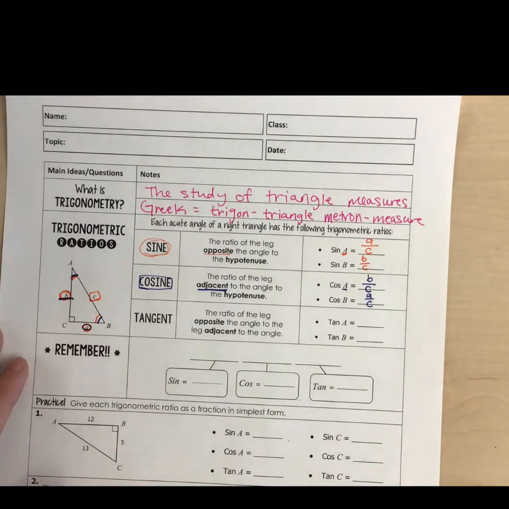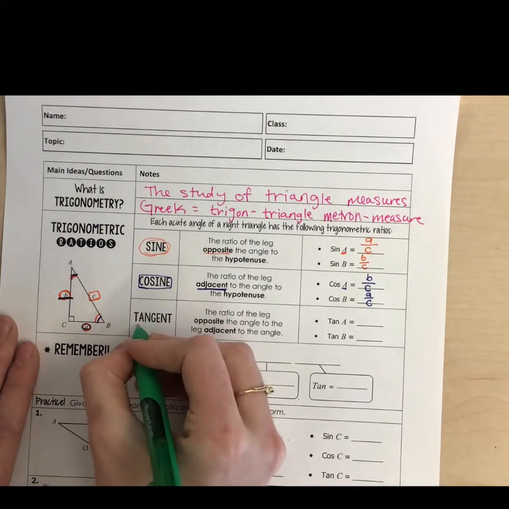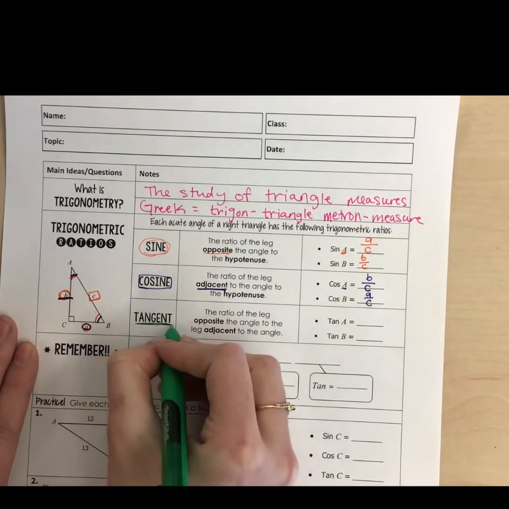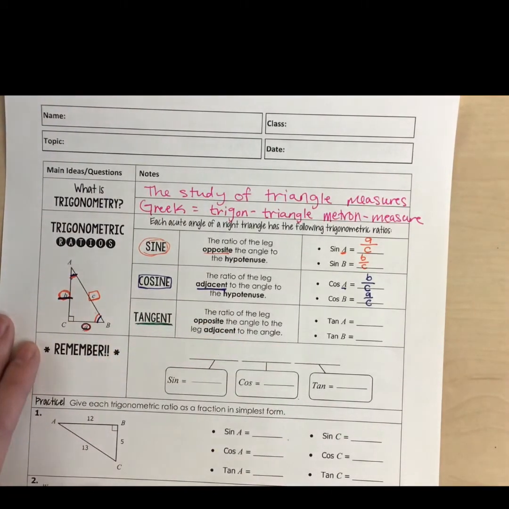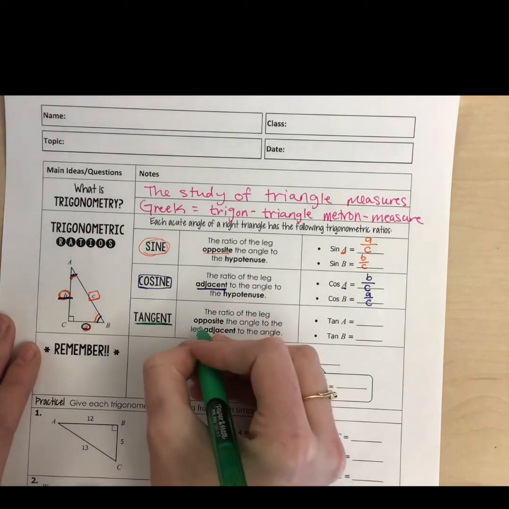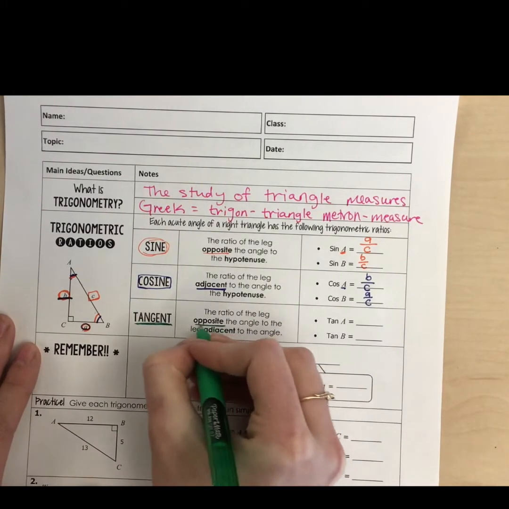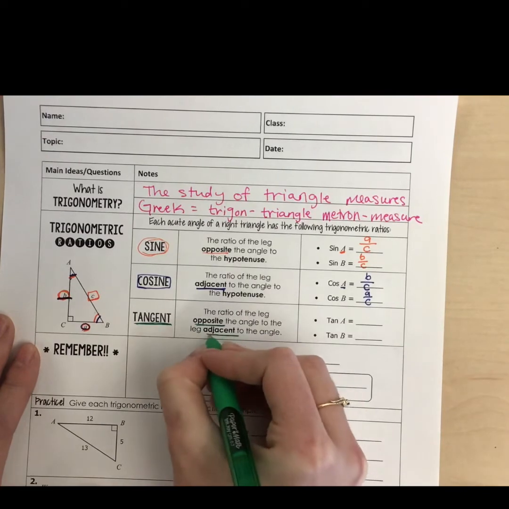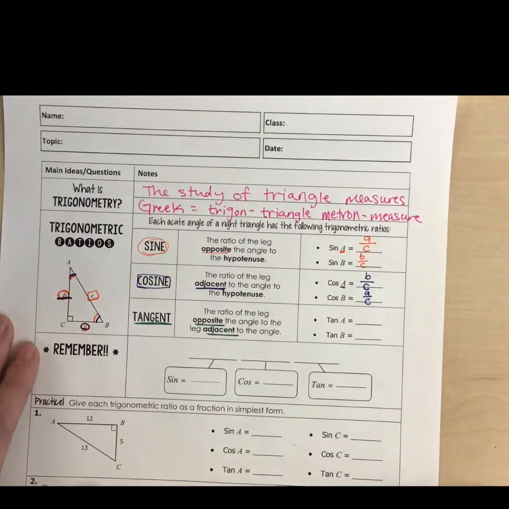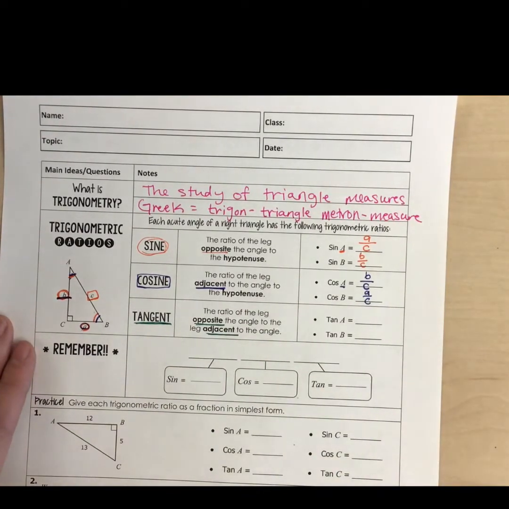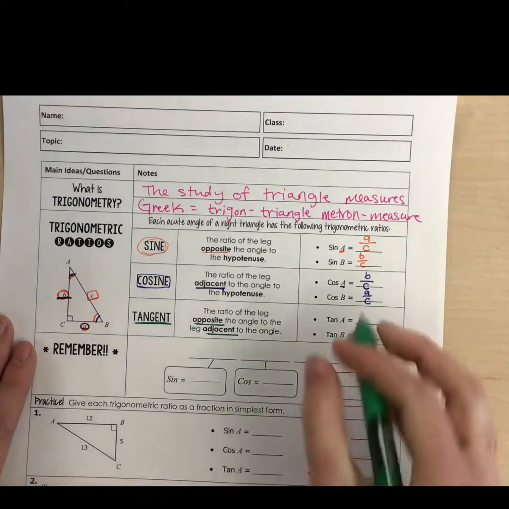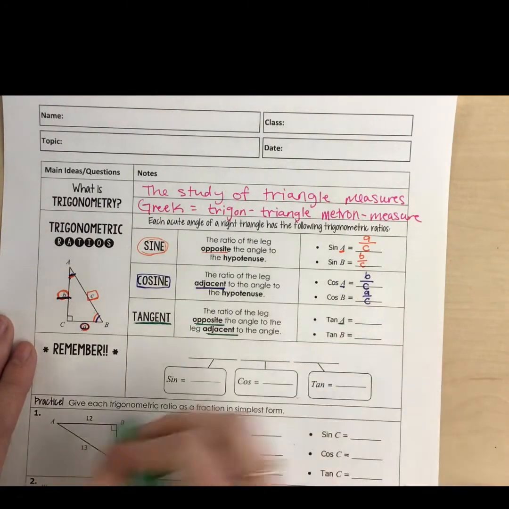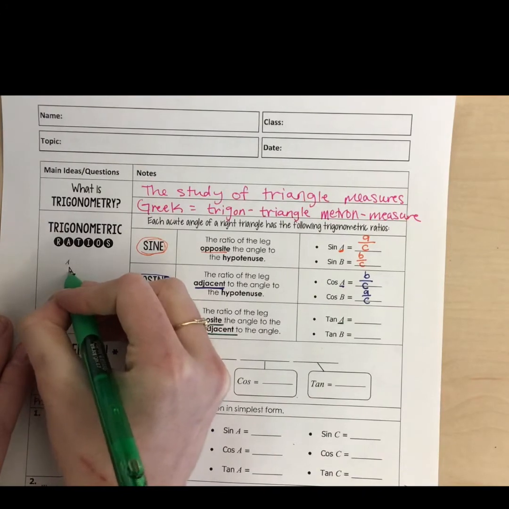Our final option for our ratios is tangent. And for tangent, I'm going to use green. For tangent, we have the ratio of the opposite and the adjacent leg. So we're taking sine and cosine combined to get tangent. So for tangent of A, we would have angle A right here.